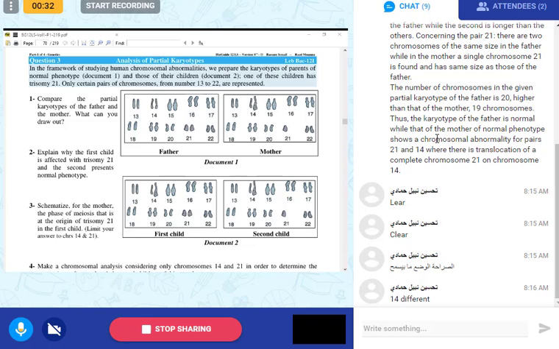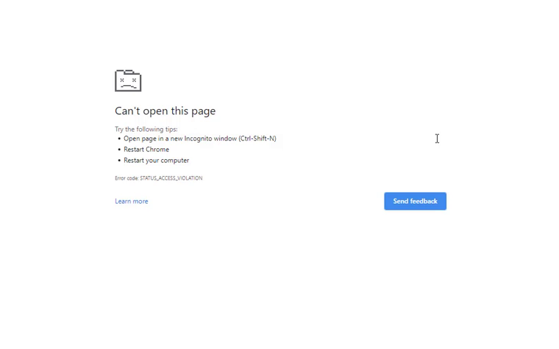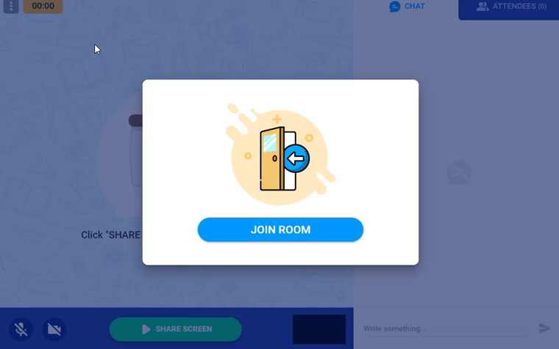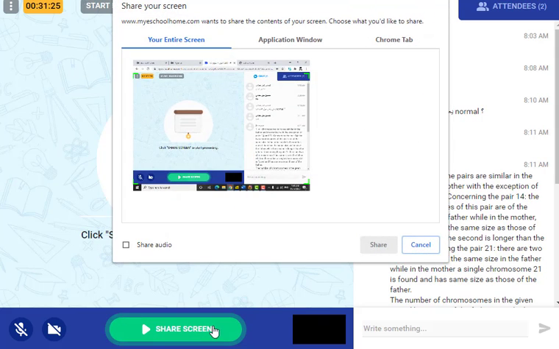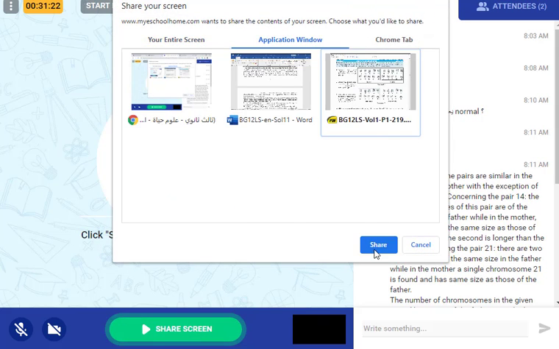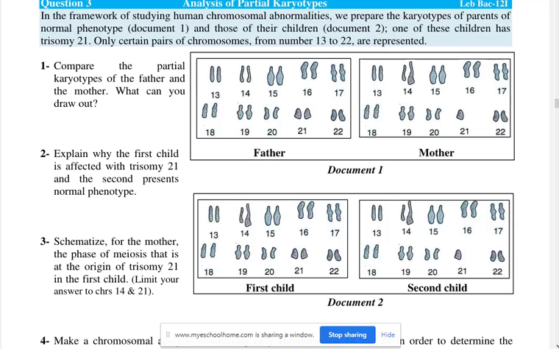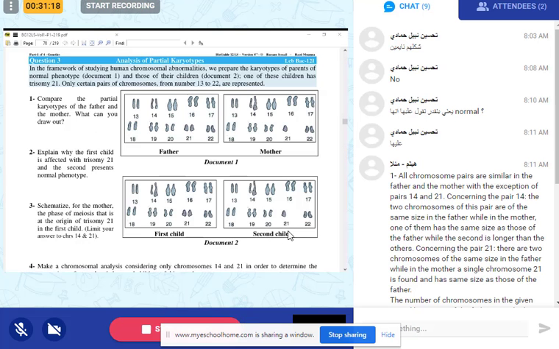So the 21 in the second child is for sure from his father, not from the mother, because he should take 21 from the father.